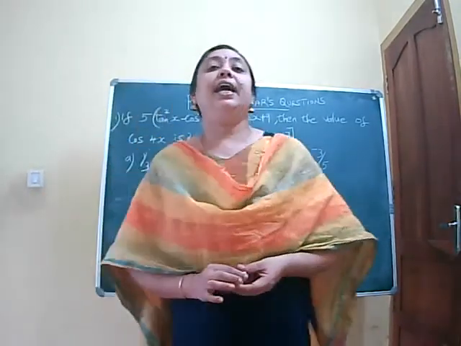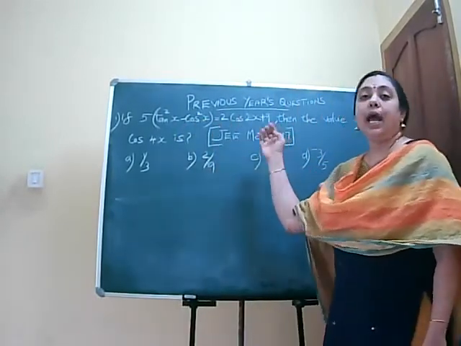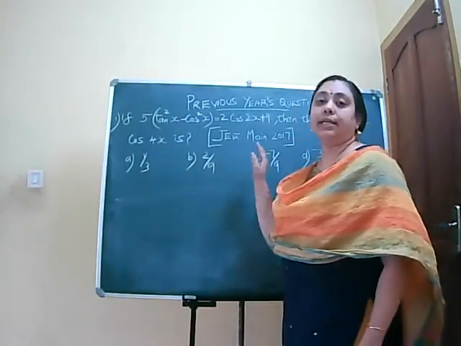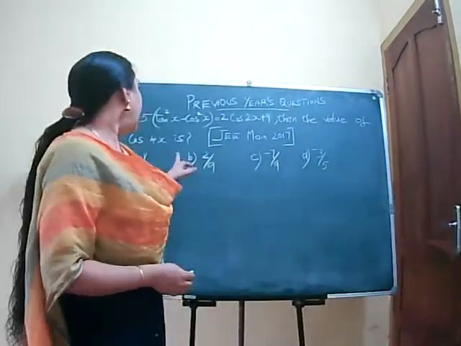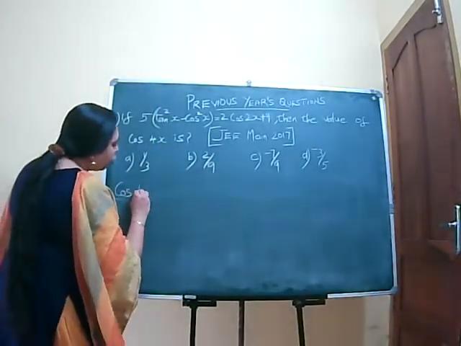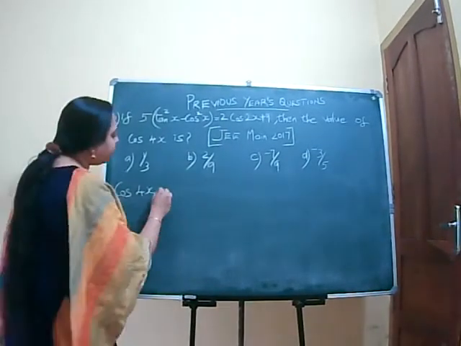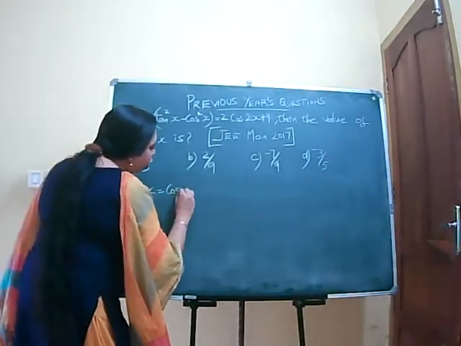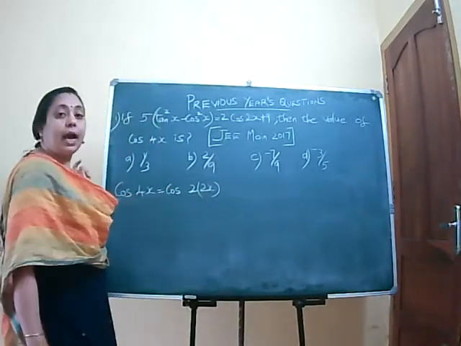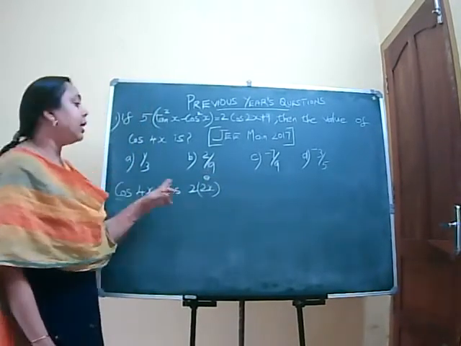Okay, here we are given a trigonometric expression and we have to find the value of cos 4x. Cos 4x can be written as cos 2 into 2x, and now apply the formula of cos 2 theta.